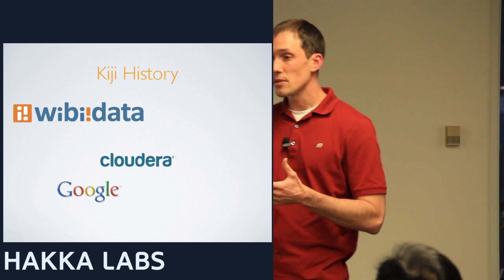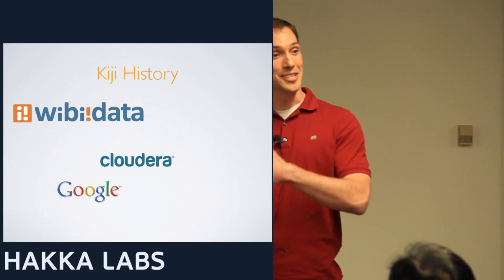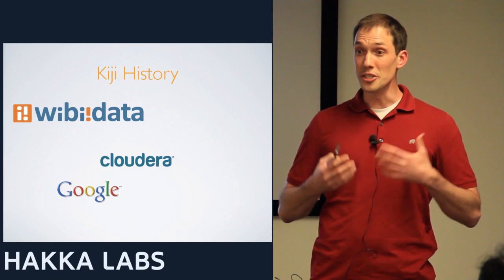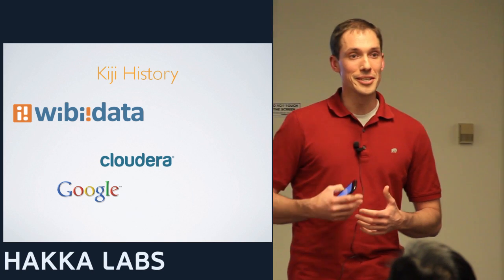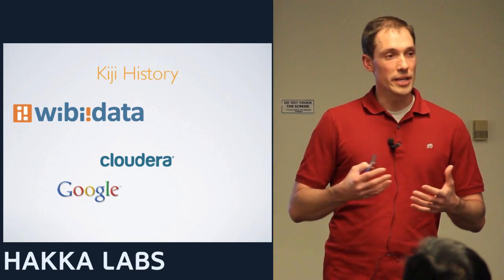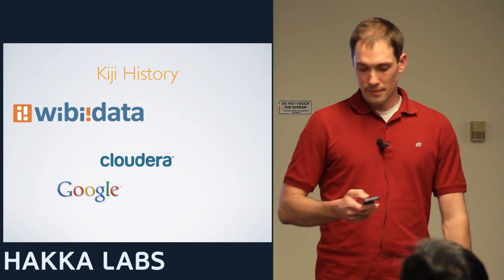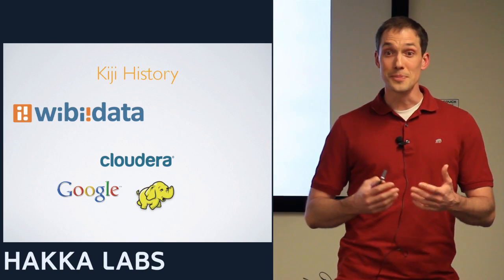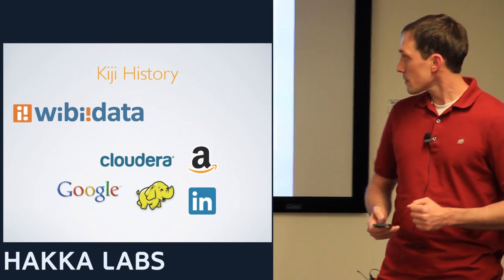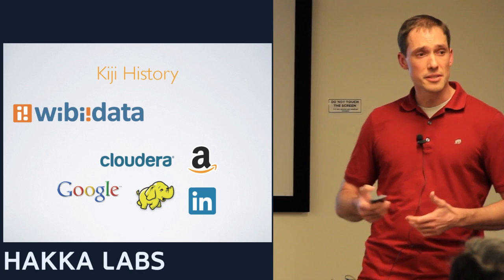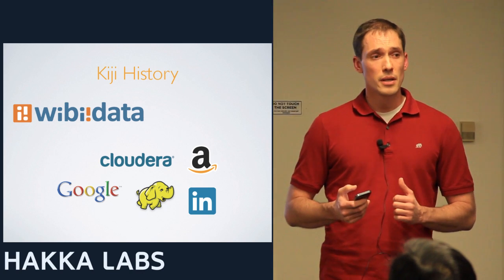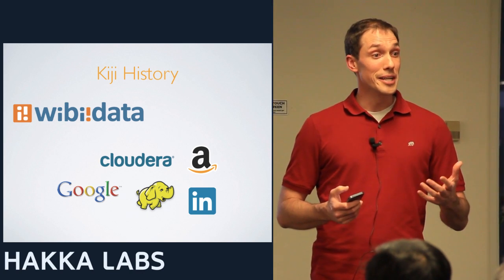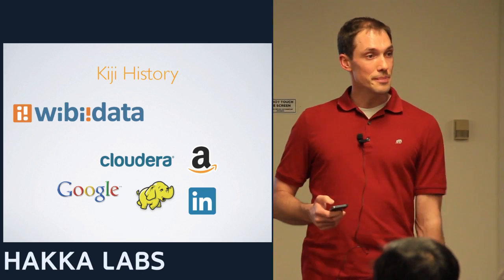These are folks with a lot of experience building these kinds of applications, who really enjoy doing this and were interested in providing a way to solve the problems I just described. There are also people with a lot of experience with open source big data technologies like Hadoop and HBase. And finally, since the company was founded, we've added a lot of other folks from companies like Amazon and LinkedIn that are also in this space.